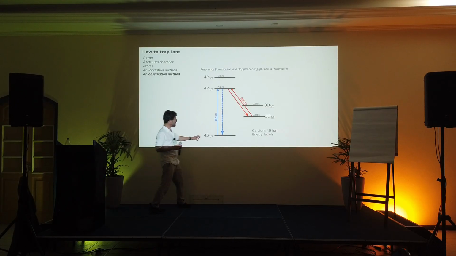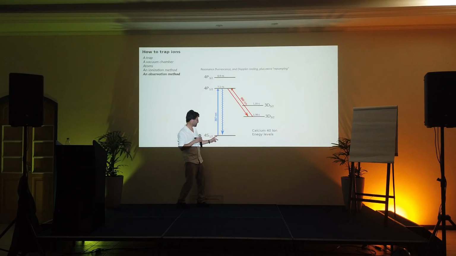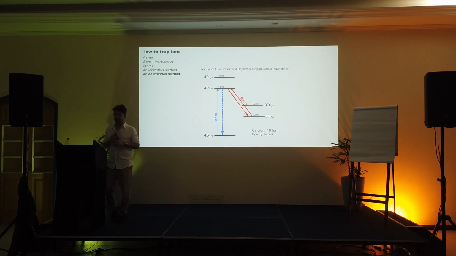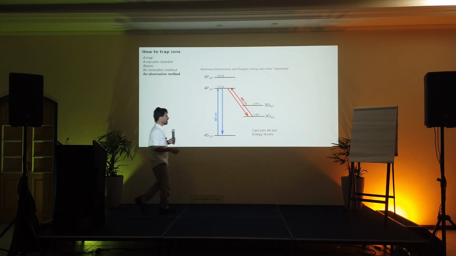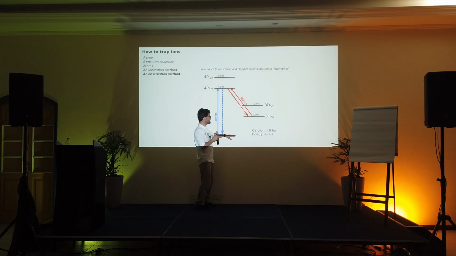One very popular qubit is what's called the magnetic state, which, as I said, splits into two states when you put a magnetic field, and those two are separated by a couple of megahertz, depending on the magnetic field. Those can be used as a qubit, and they are called the magnetic qubit. Other people use what they call the optical qubit, which is one level in this state and one level in this state.